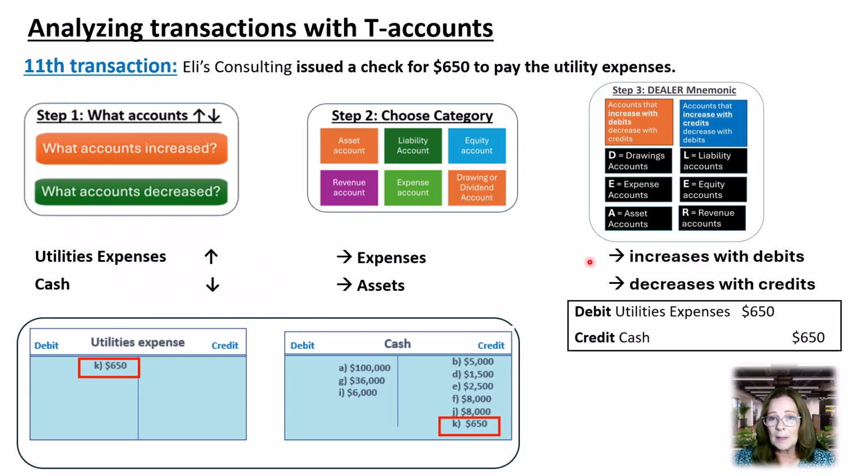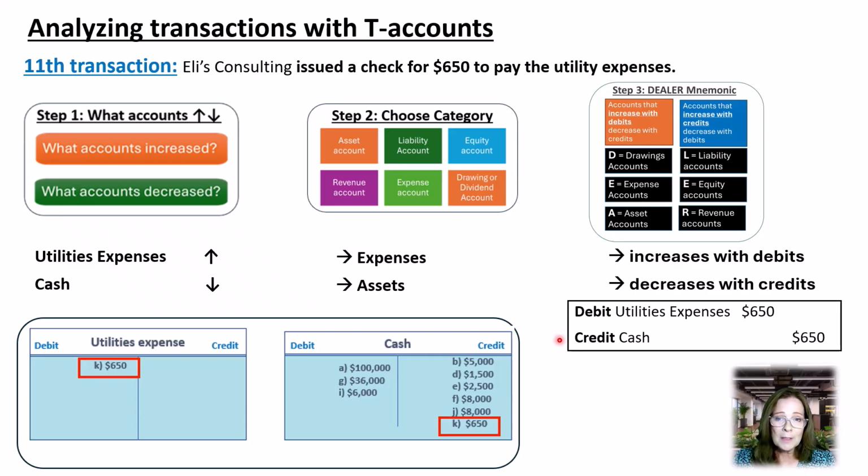The business expenses increase, so that means we need to debit utility expenses for $650. The cash account decreased. Cash is an asset, and assets, according to the DEALER mnemonic, increase with debits and decrease with credits. And in this case, cash decreased, so we have to credit cash for $650.